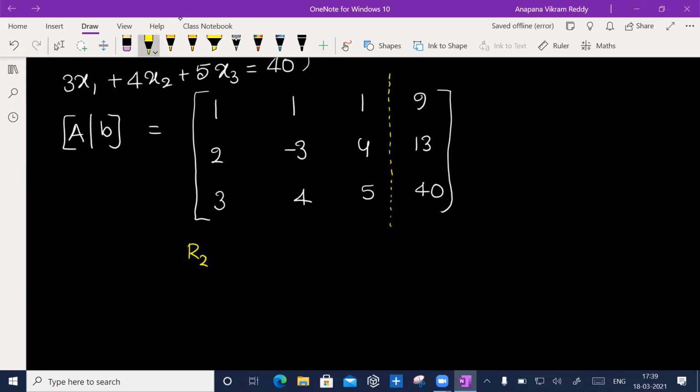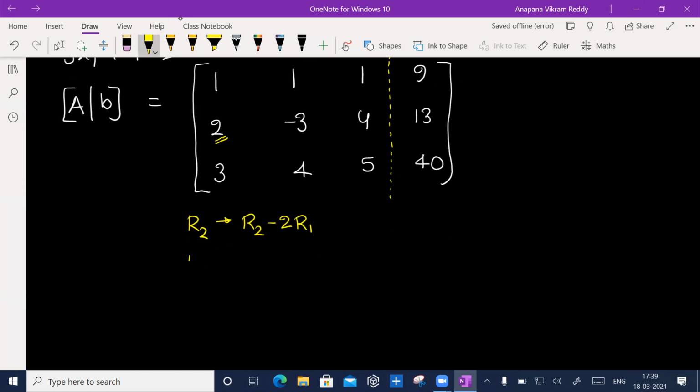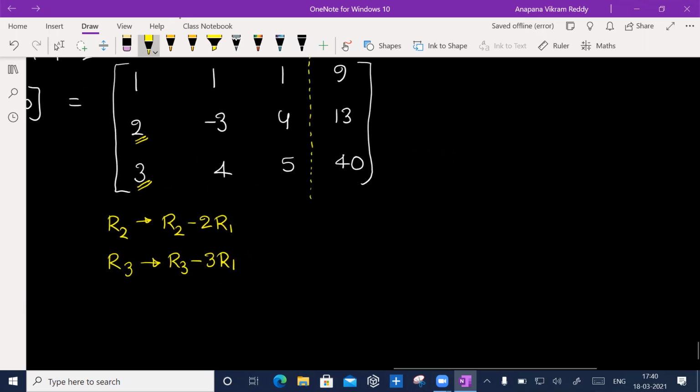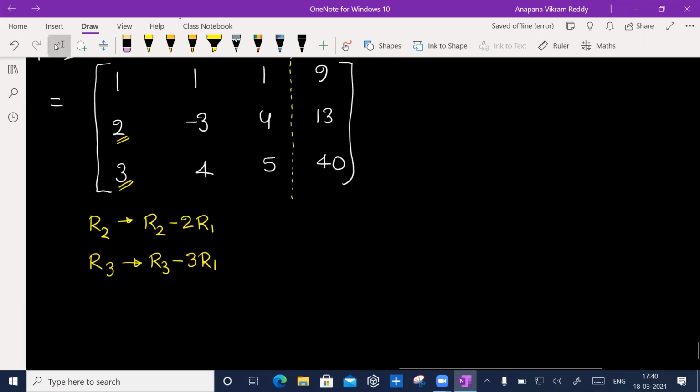I must make this element 0 first. You perform row operations: R2 minus 2R1, and I should also make this element 0, so R3 minus 3R1. That's it.